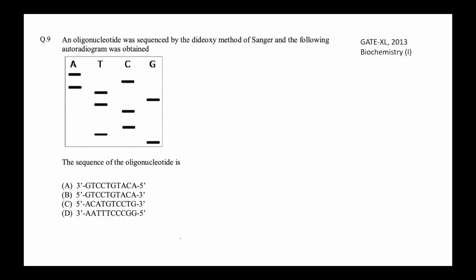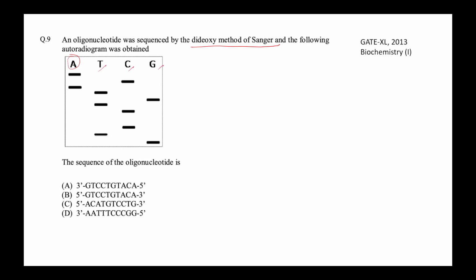So let's do the question. Here the question is, an oligonucleotide was sequenced by the dideoxy method of Sanger and the following autoradiogram was obtained. Okay, so these are the different lanes where in each lane they have provided, suppose in this lane dideoxy adenosine triphosphate, in this one the T, C and G. Okay, and this is the band pattern they have got.